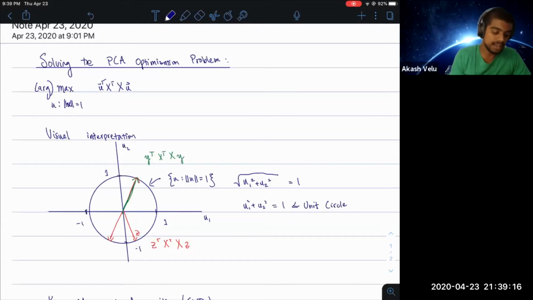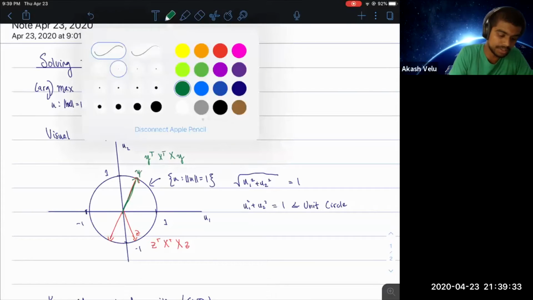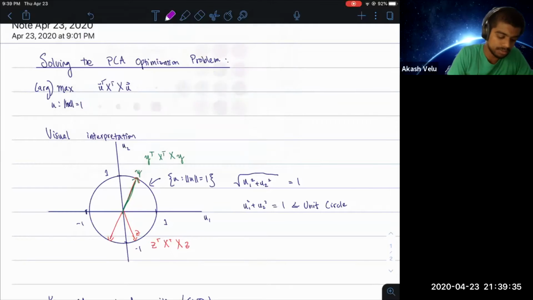So what we're saying, essentially, is that the set of vectors U is the set of vectors that lie on this unit circle. For example, it could be this green vector here, which I call Y. It could be this red vector here, which is Z, or it could be this purple vector here, which I'll call A. Those are 3 examples; there's an infinite number of these vectors.